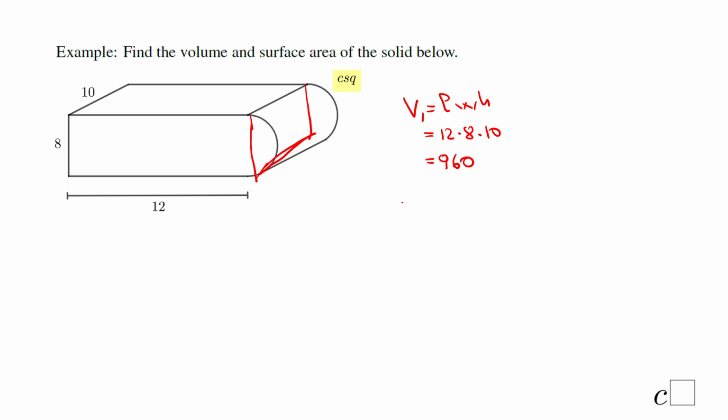Then we have half of a cylinder. So what I'm going to do here, I'm going to find the volume of the cylinder, which is pi r square h. And now let's see what the radius is. If you take a look, this is the diameter, this is 8. So the radius will be half of this.